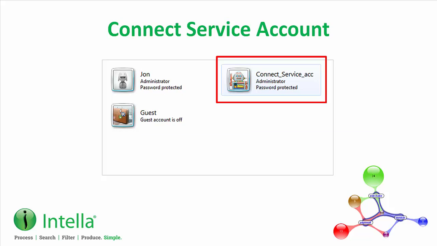If you are installing Connect or Node on a domain controller, you can either configure the domain controller security policy or create and configure a group policy object. The steps to configure the domain controller security policy are shown in the Connect Administrator Manual. In this example, we'll configure the local security policy.